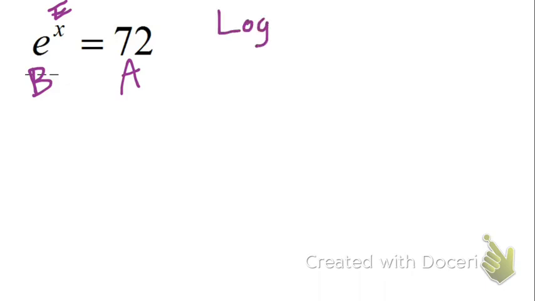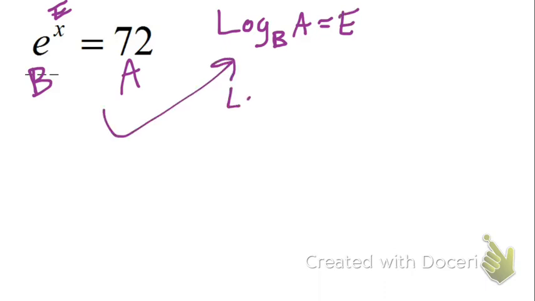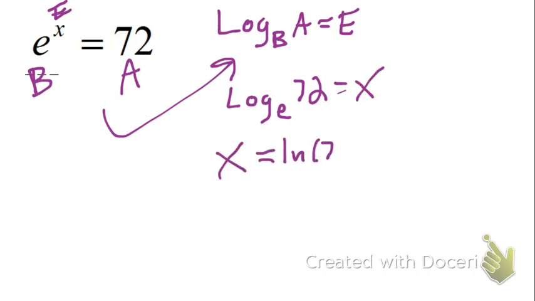So in log form, we have bacon and eggs: base, answer, exponent. So we put that into that form, we get the log base e of 72 equals x. So in other words, x equals the natural log of 72. And that's it. We're done.